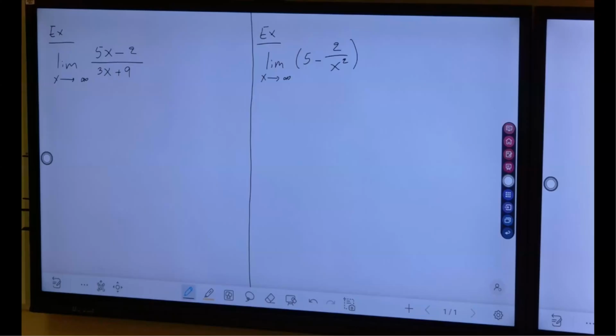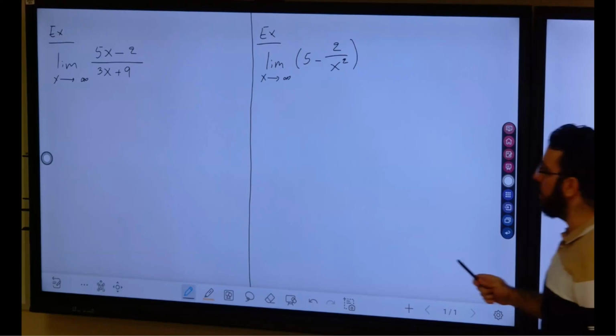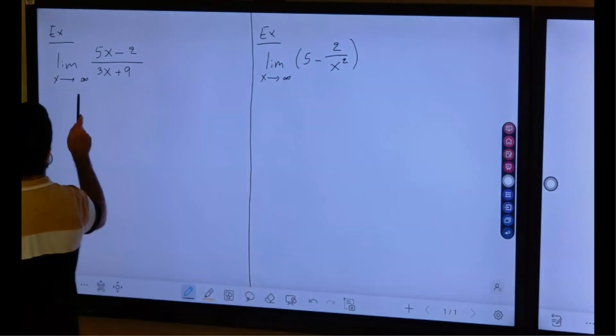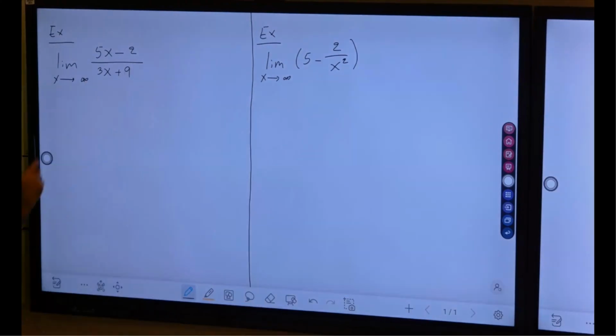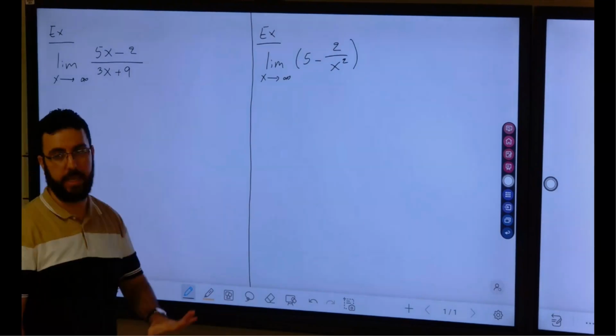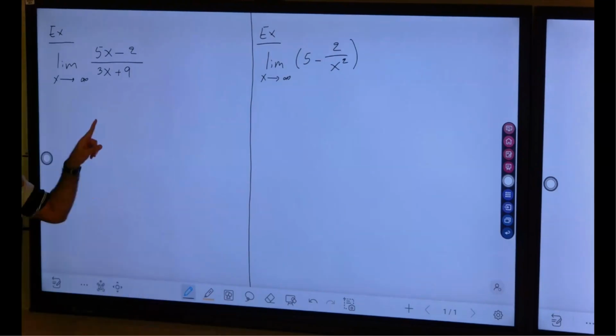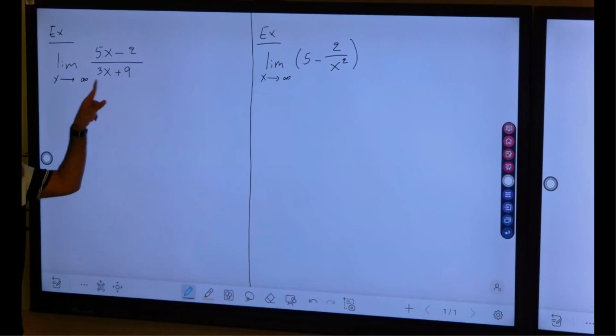Now, here's the important thing. We need to find the limit when x goes to infinity for everything here. So always write down these notes. When you find a rational like this one, think about dividing the whole thing by the highest exponent on the bottom part. So what's the highest exponent here? It's x.